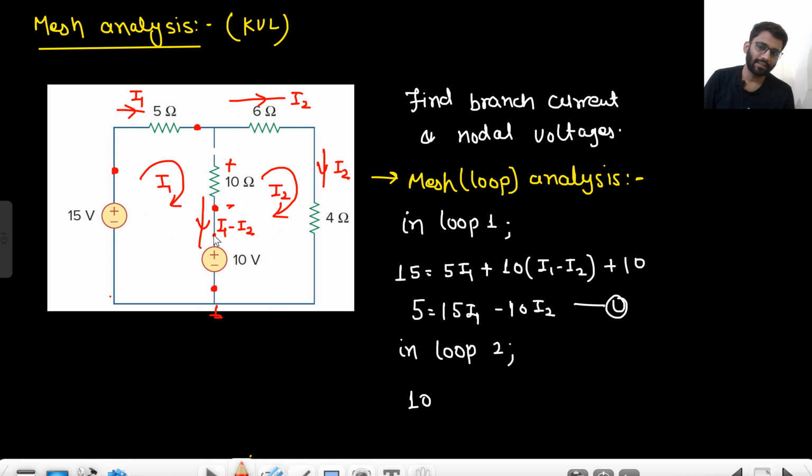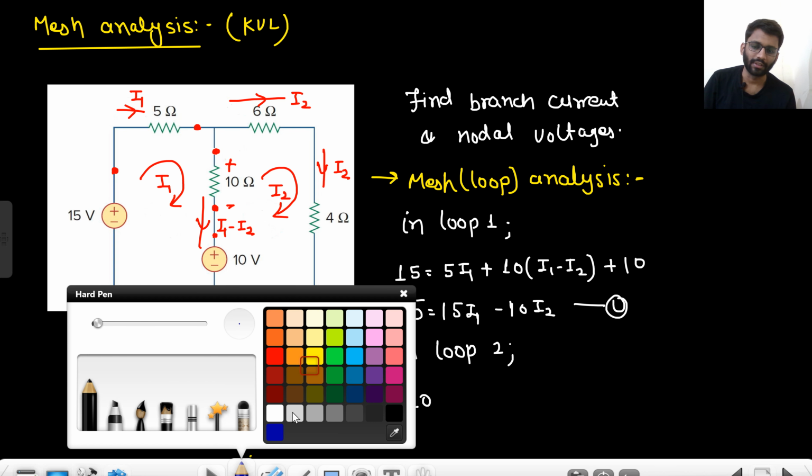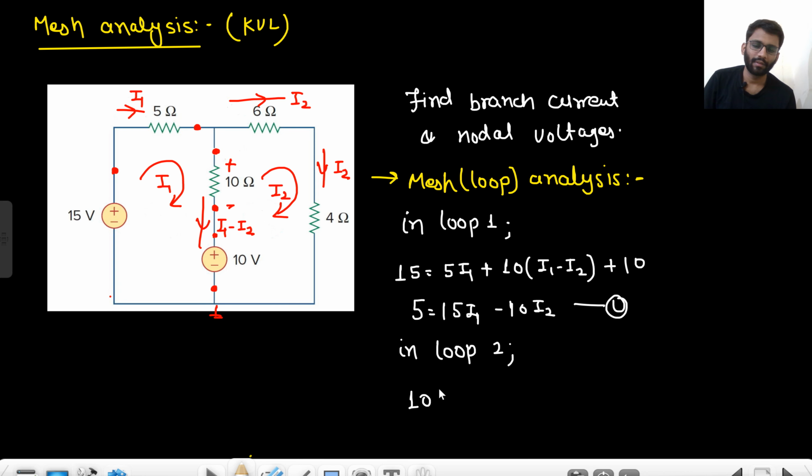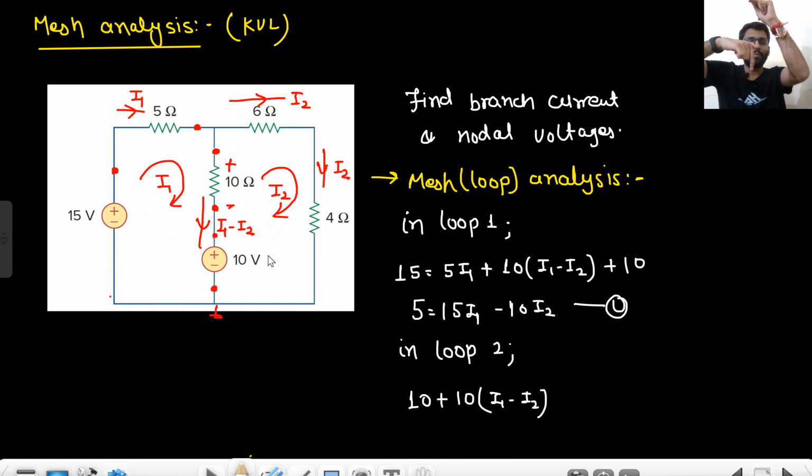So if this point is plus 10, then this point will be plus 10 into (I1 minus I2), right? This will also be positive. Resistance into current: simply the current is I1 minus I2 in this direction, so upward will be positive, lower will be negative. So from here plus 10, then 10 into (I1 minus I2).